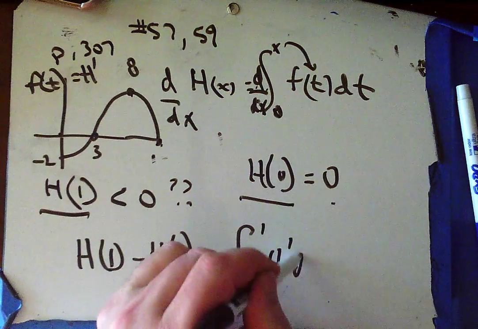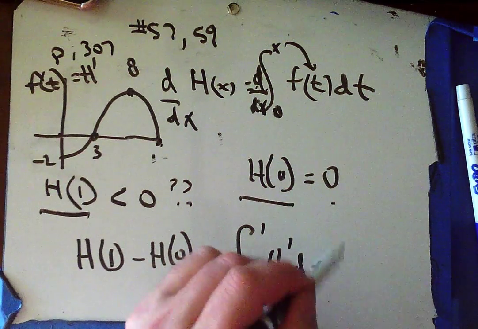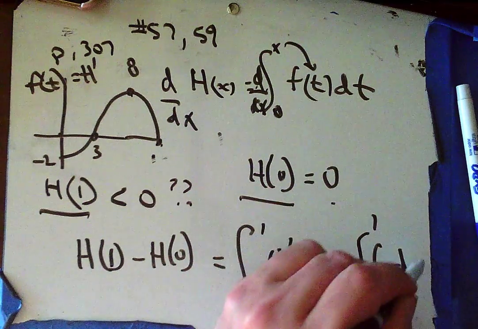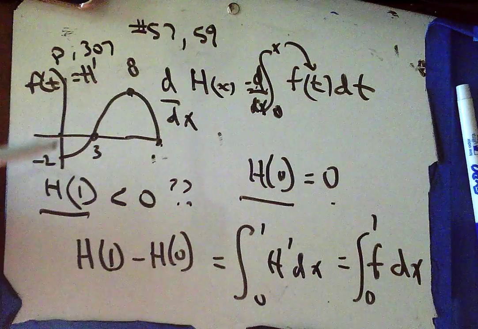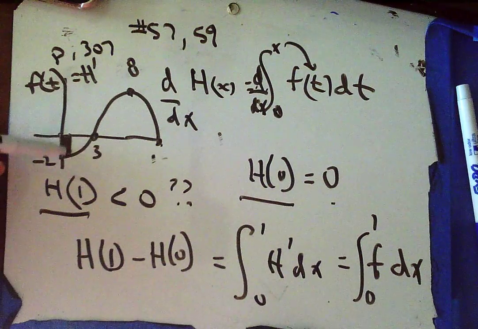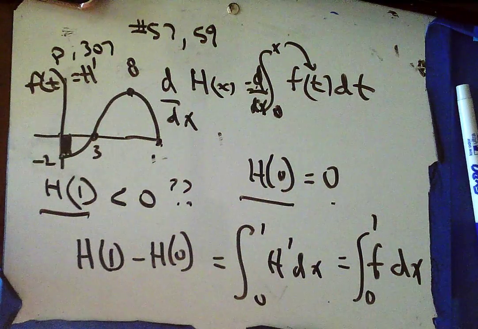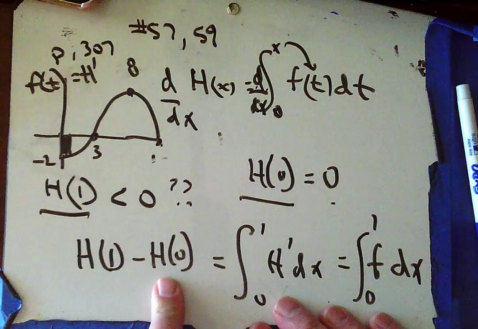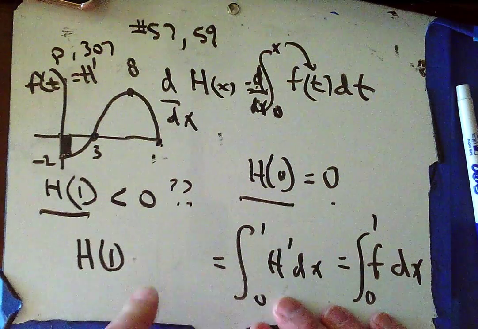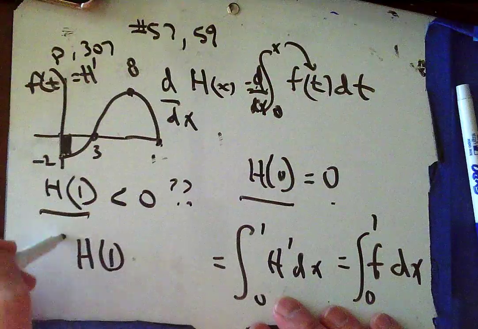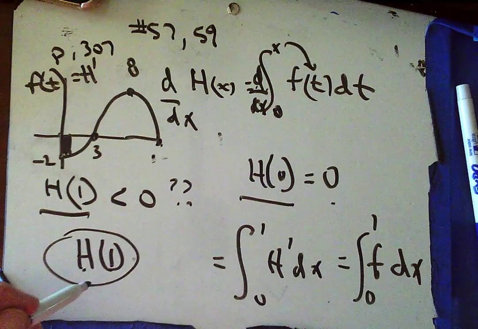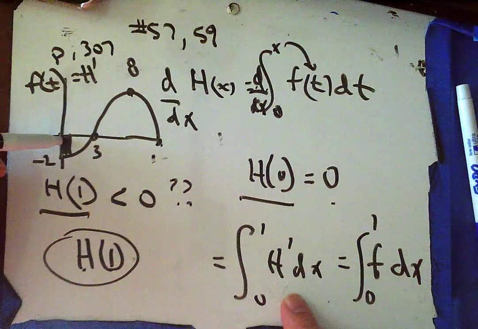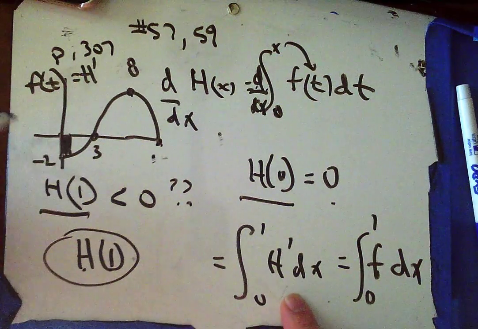So h of 1 minus h of 0 equals the integral from 0 to 1 of h prime dx, which equals the integral from 0 to 1 of f. So when I integrate from 0 to 1, I'm going to get a negative number. So this integral is negative. And h of 0 we determined was 0. So I'm saying then that h of 1 is equal to the value of this integral, and the value of that integral is a negative number.